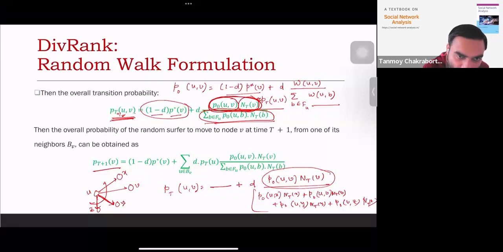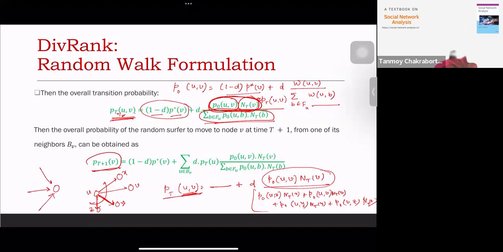So this is your P(T)(u,v). Now this is the transition probability. From the transition probability, how do we get the DivRank value of a node? You are interested in measuring the DivRank value of this node v at time t.